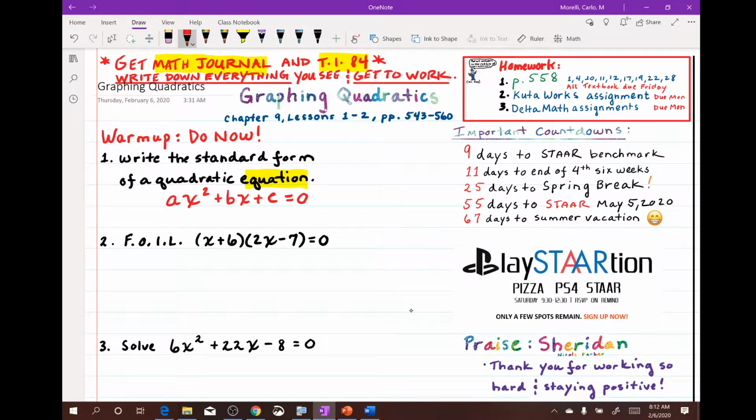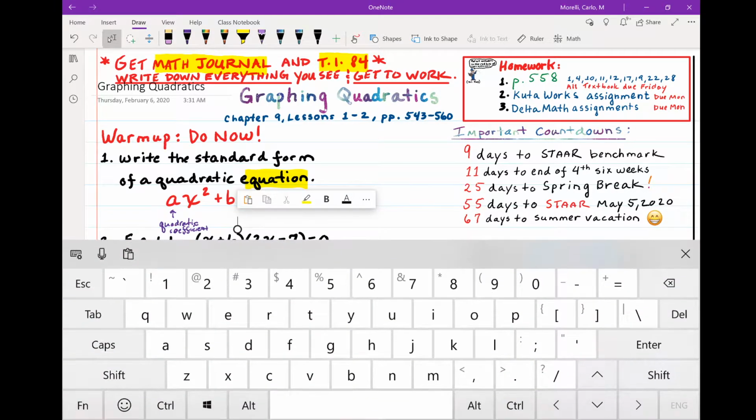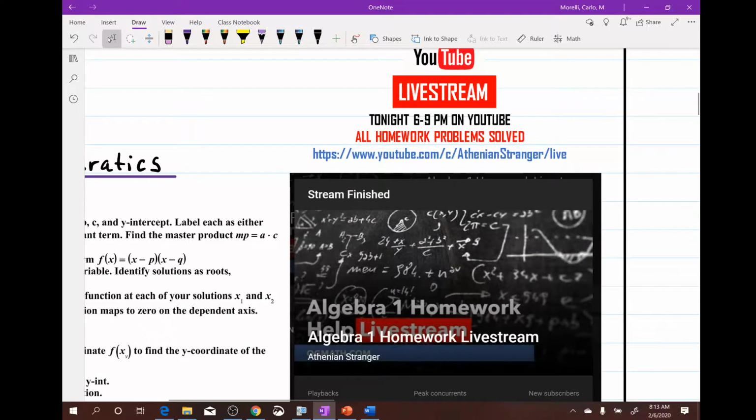Okay, so here's the important information about the standard form quadratic that you may need a refresher on. This term right here, A, is called the quadratic coefficient. Okay, let me zoom in on this. Hang on a second.